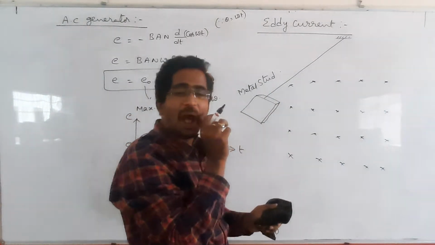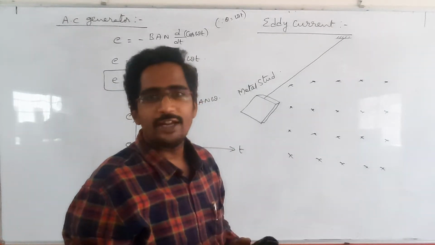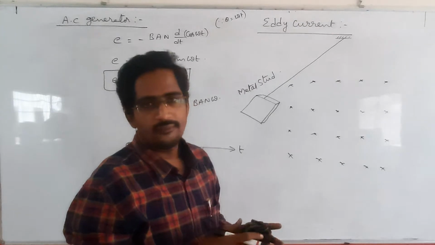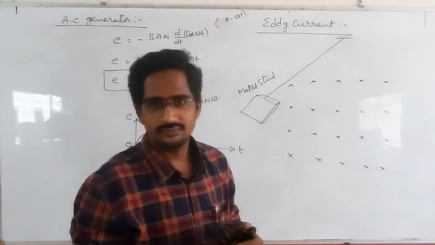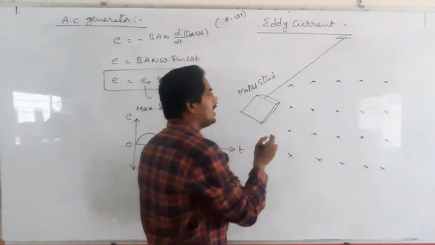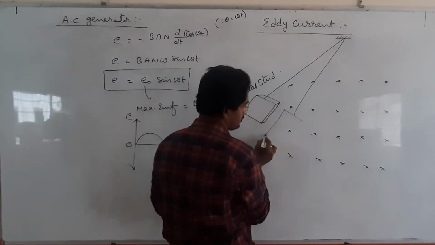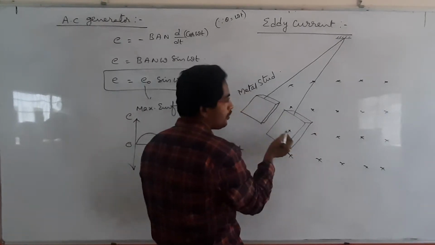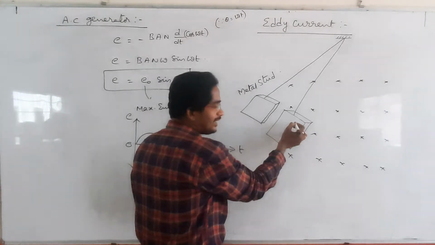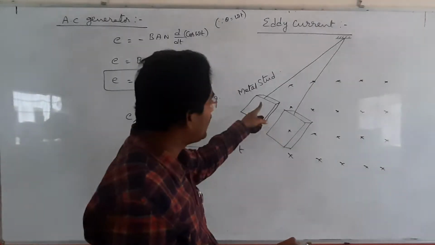Already in the induced EMF case, I explained that EMF is induced when a coil enters the field and leaves the field. That concept applies here. Once it is entering into the field, what happened? The inward field is increasing, because it is going inward.